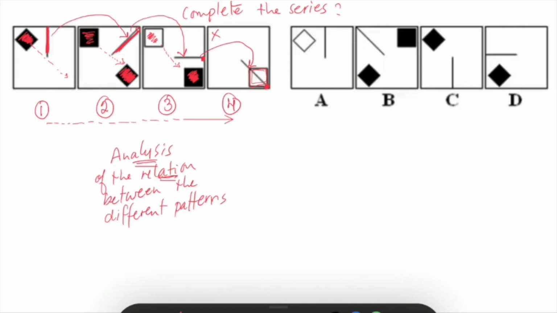The fifth pattern is one of the options A, B, C, and D.